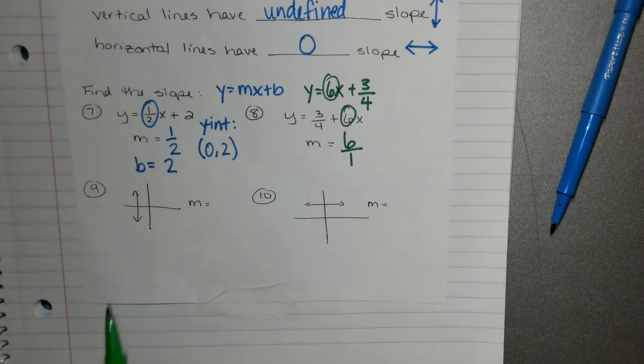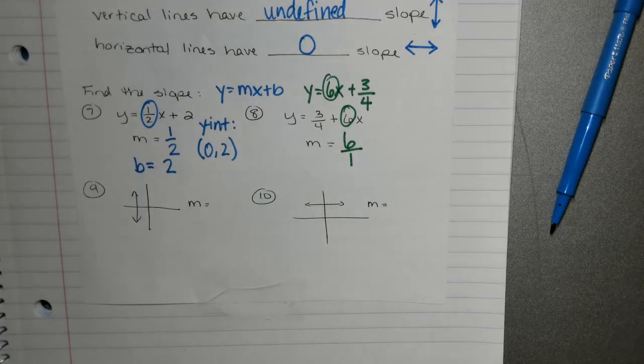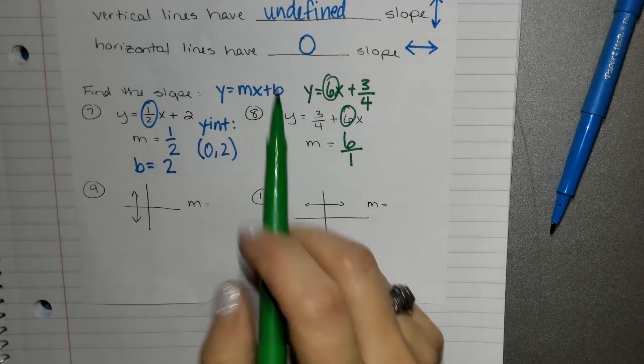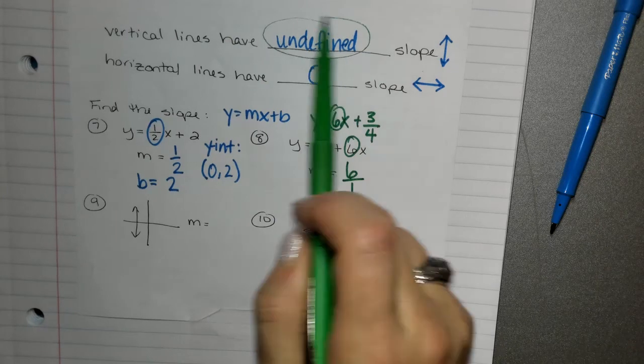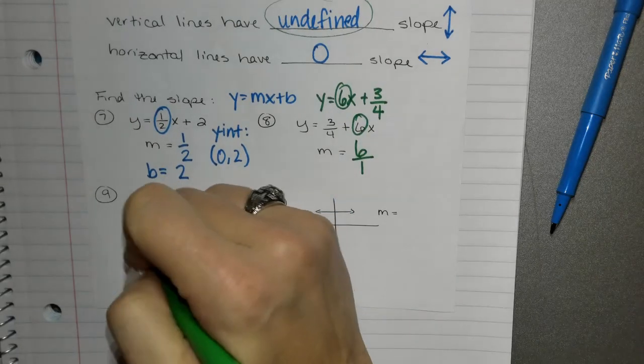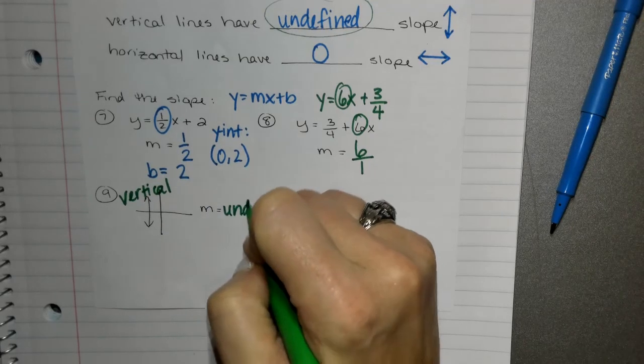Okay? On number 9, it's a straight up and down slope. So what did we just figure out? If it has a vertical line, what is the slope? This is vertical. So our slope is going to be undefined.